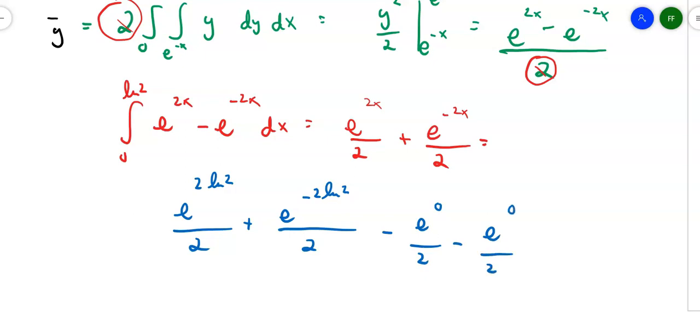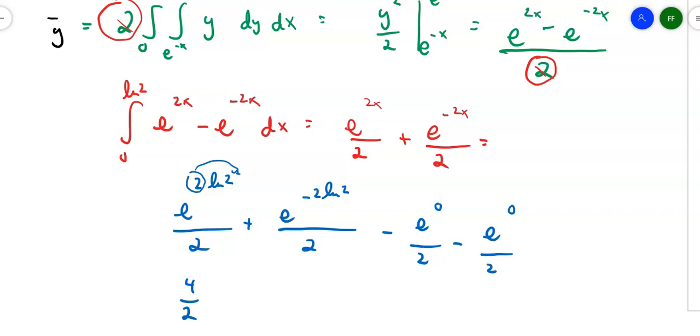Right? Normally it would be a plus, but I'm distributing my negative right away. All right, how do I evaluate this? That 2 can come up to the top, make it 2 squared, and that's how I end up with a 4. So e to the natural log of 4 is just 4. So I get 4 over 2.